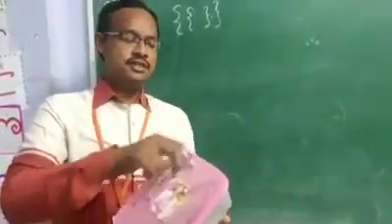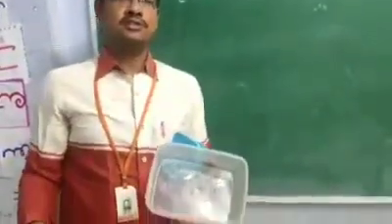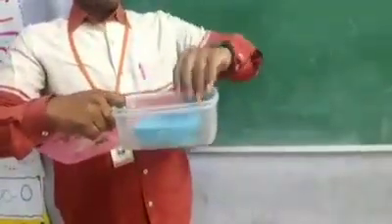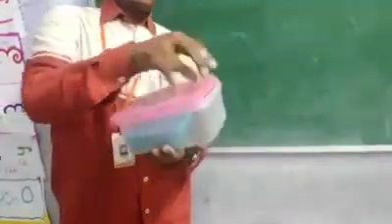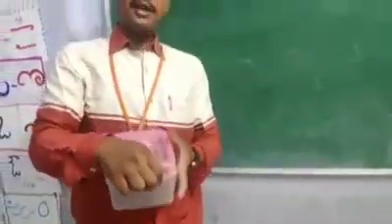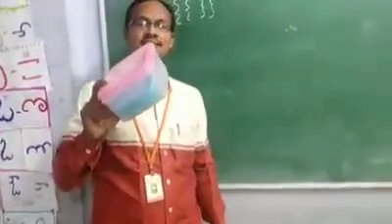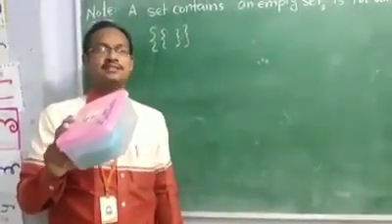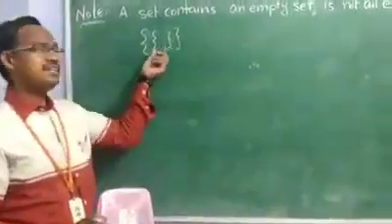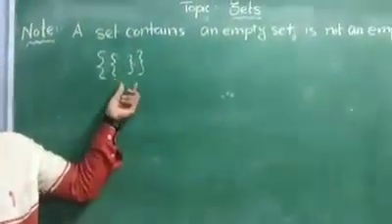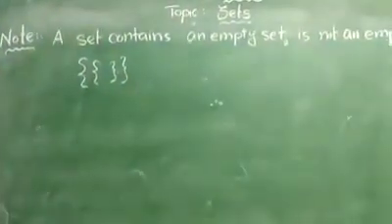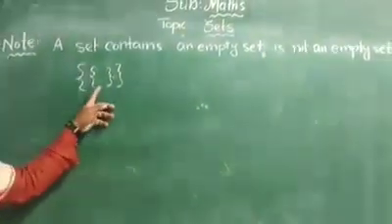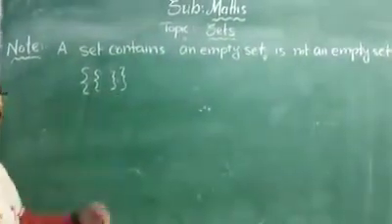And this one is also an empty box. In this also nothing is there. Now an empty box has another empty box inside it. Now tell me, is it empty? Surely it is not empty. That means a set that contains an empty set is not an empty set. So this set is not an empty set.